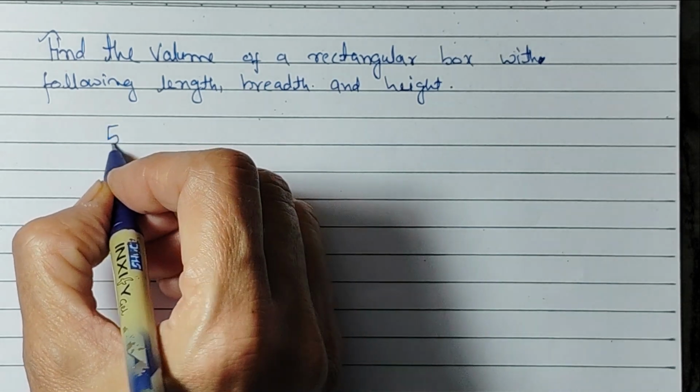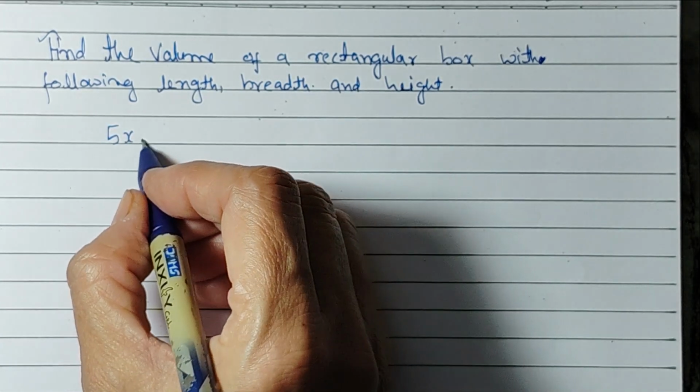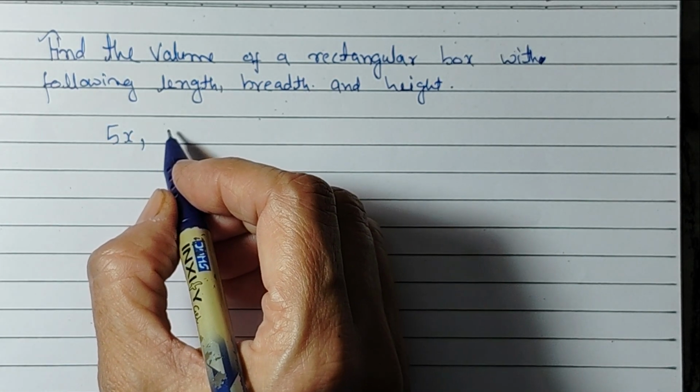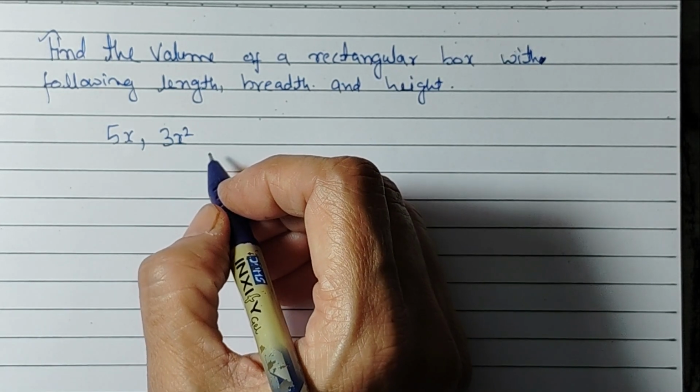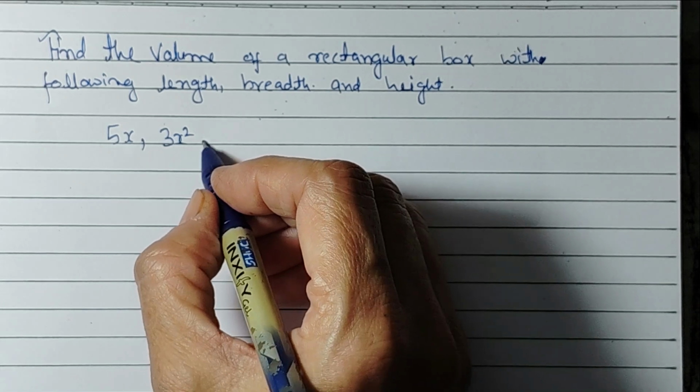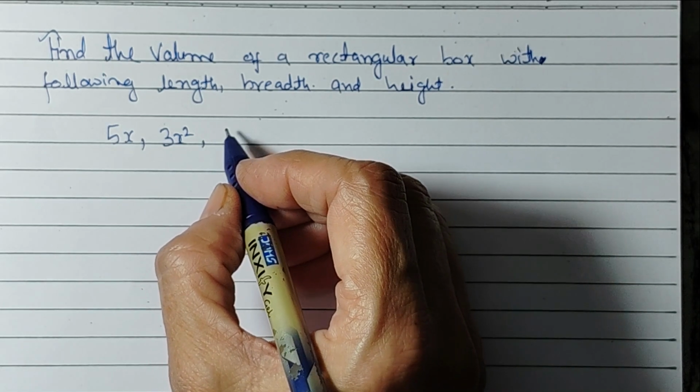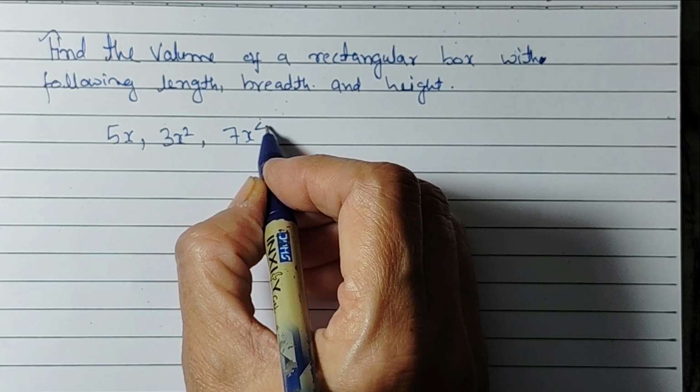Length is 5x, breadth is 3x square, and height is 7x to the power 4.